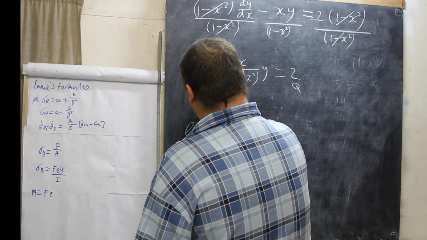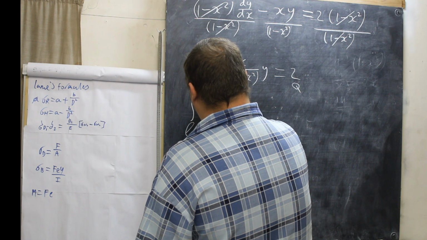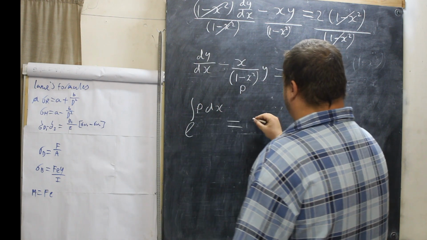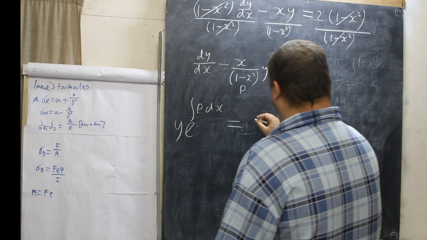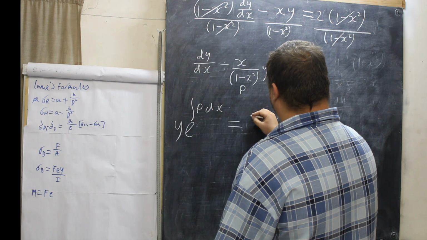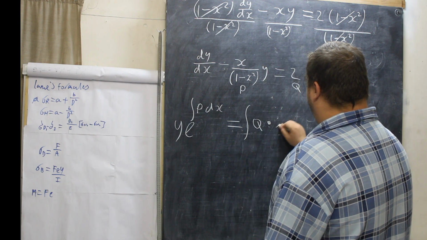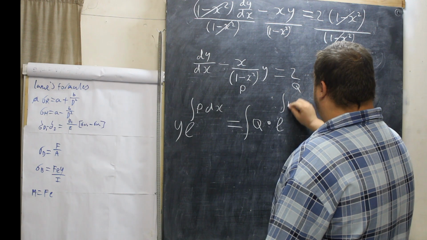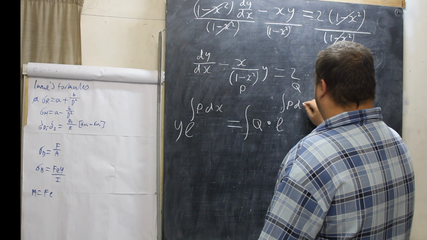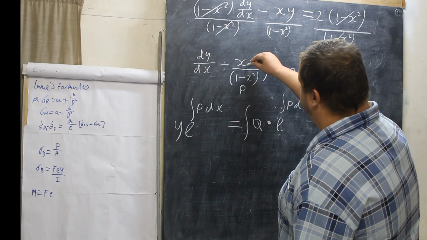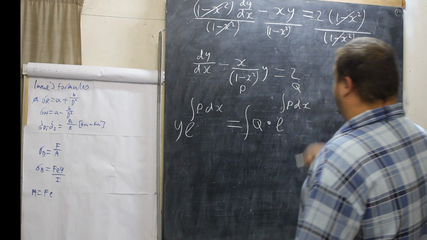The formula goes e to the power of the integral of P dx, times y, equals the integral of Q multiplied by e to the power of the integral of P dx. Now what we have is this is P and that is Q.